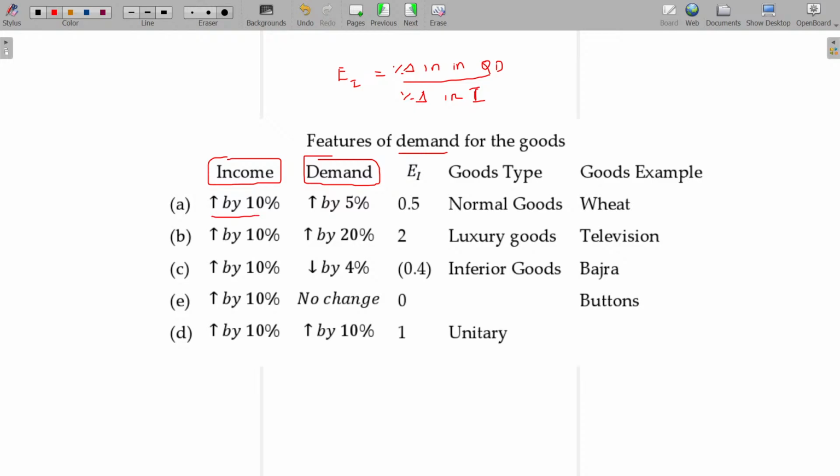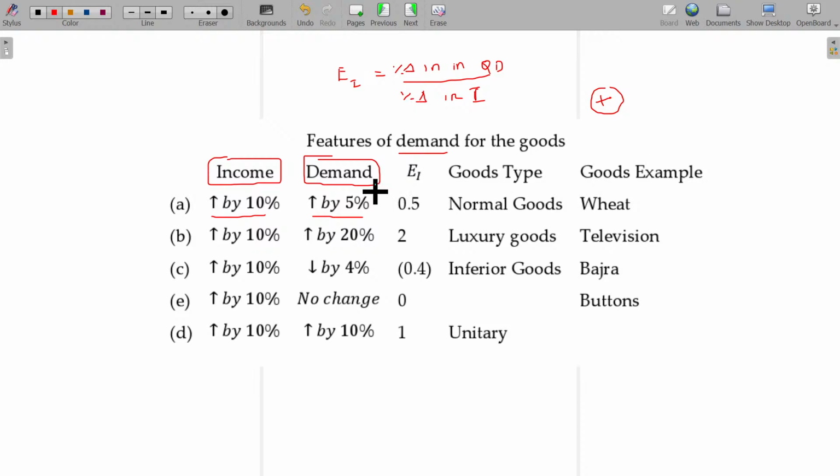So this is income, this is percentage change in demand. Most of the cases, this will be a positive number. Usually signs do not matter here, but if it shows positive, it means direct relationship. In case of elasticity of demand with respect to price, it will show a negative sign, which represents an indirect relationship.